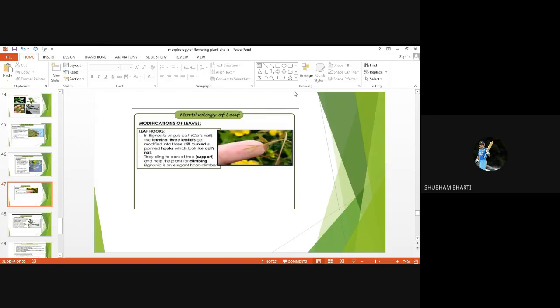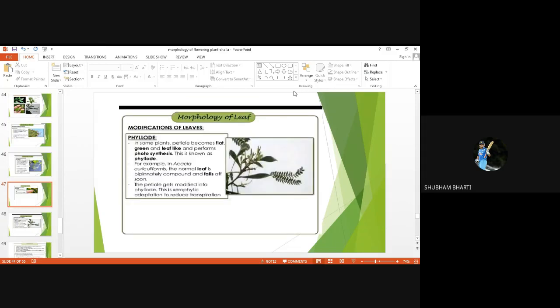It is hard and pointed, and they cling to the bark of the tree for support and help the plant for climbing. मांजरीचे नख जर बघितले तर ते कर्व्ह्ड असतात आणि ते बार्क ऑफ ट्री त्याला म्हणजे असं त्याचा सपोर्ट घेऊन ते प्लांट, बिग्नोनिया प्लांट तो वरती चढत असतो. Bignonia is the elegant hook climber.